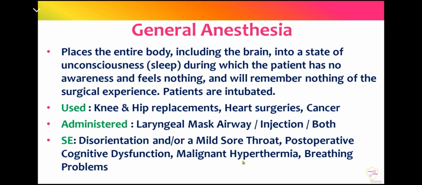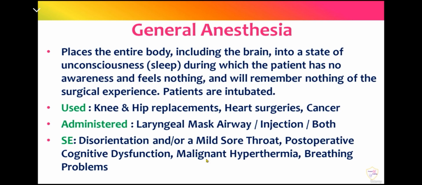Sometimes the thermoregulation center in the brain, the temperature controlling center, goes completely haywire and is completely knocked off, and in that case the patient would experience malignant hyperthermia. The term malignant is used here because it's a very grave and extremely bad kind of side effect.